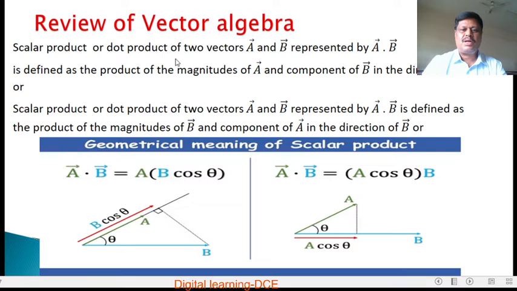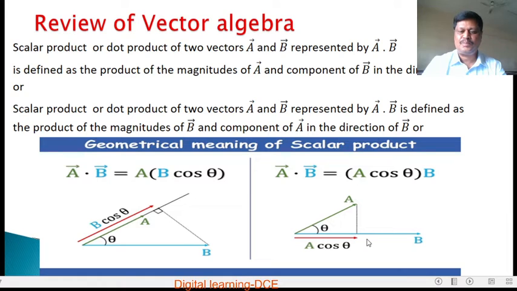The scalar product or dot product of two vectors A and B is represented by A dot B. So you already know that A dot B is equal to AB cos theta. Here B cos theta is the component of the vector B along the direction of A. So the scalar product is also defined as the product of the magnitude of one vector and the component of the second vector, that is B cos theta, along the direction of the first vector.